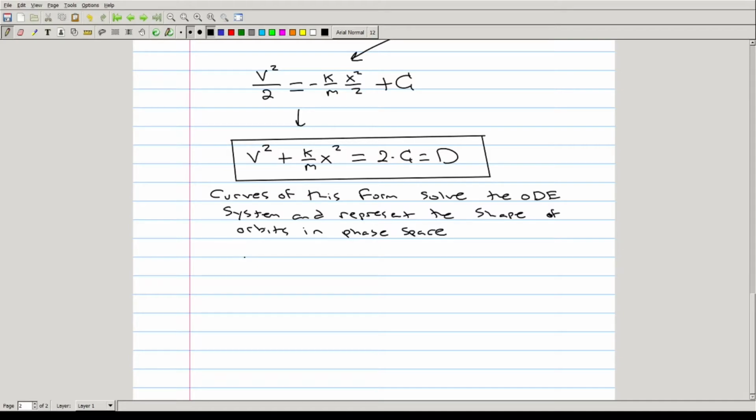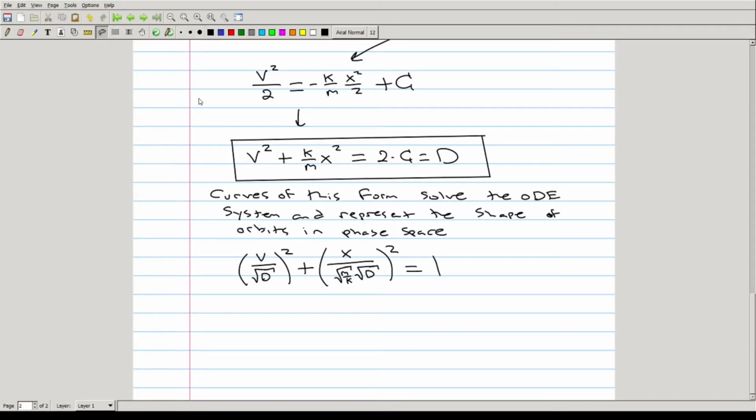So you'll get v over the square root of d, squared, plus x over the square root of d times the square root of m over k, squared, is equal to 1.